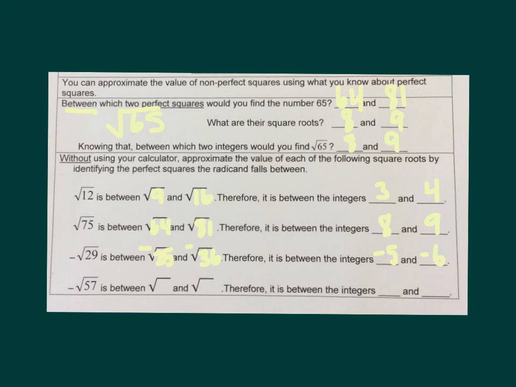So it falls between negative 5 and negative 6. So it's negative 5 point something. And then same with the negative square root of 57. Think of these as negative square roots. But 57, we just look at our first 10 perfect squares. 57, you should see, falls between 49 and 64. So it falls between negative 7 and negative 8.